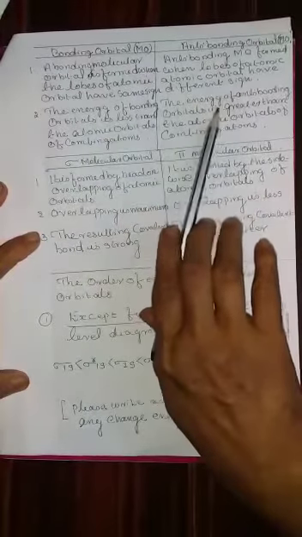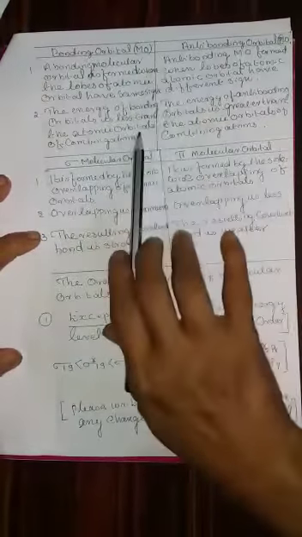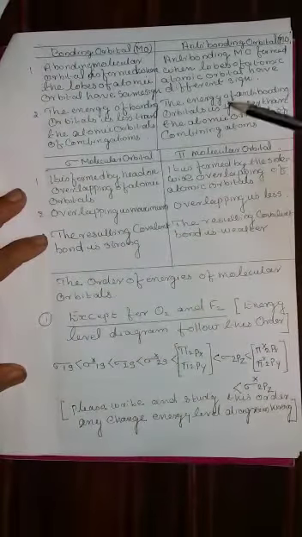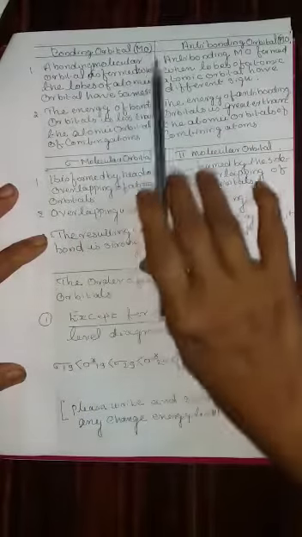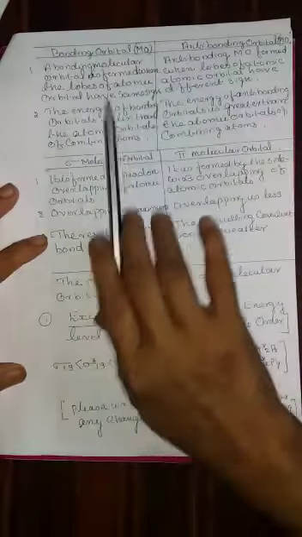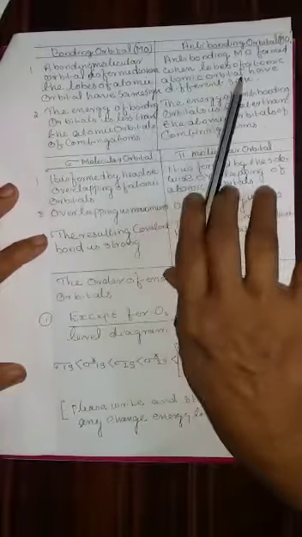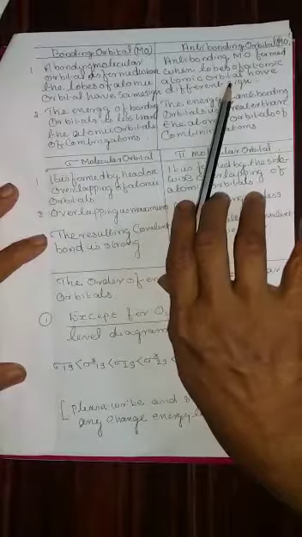You just learn these two, which will be helpful for drawing the energy level diagrams also. It can be asked as the characteristics of bonding orbital or distinguish between anti-bonding orbital and bonding orbital.